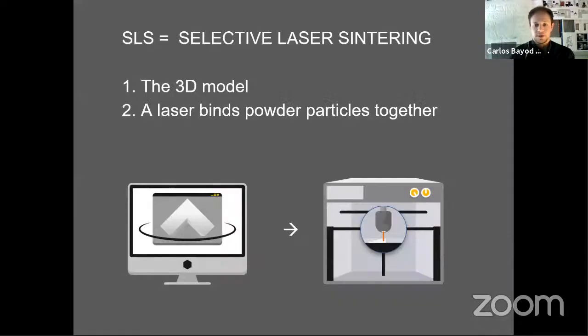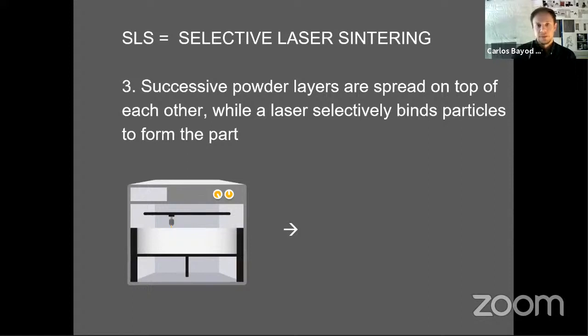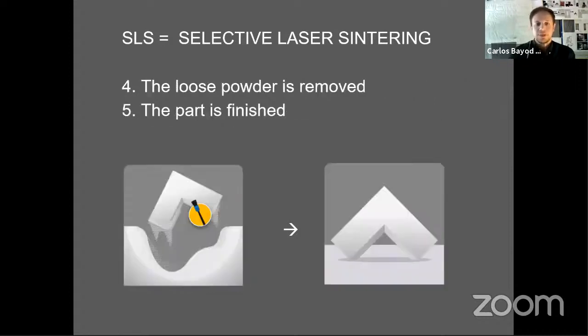So starting with a specific thermosensitive powder, you can build your layers as you are bringing down your volume of powder. At the end, you extract your solid piece out of this bed of powder. In this case, the powder itself can act as a structural support, so there's no need to build additional scaffolding. You just have to remove the extra powder.